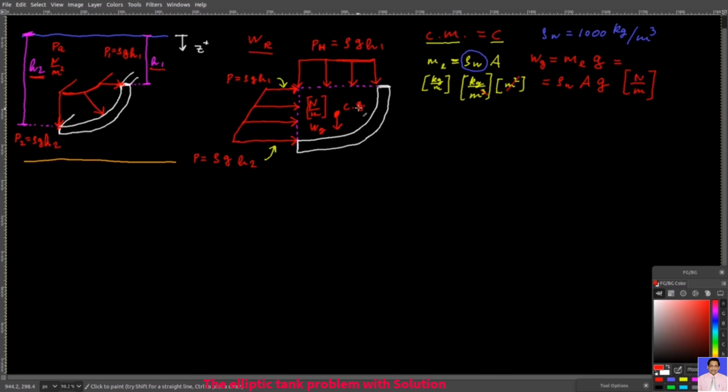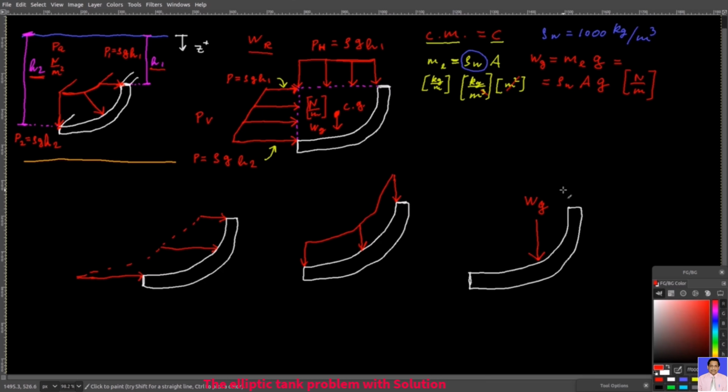this block of water that we have separated in our minds experiences three things. It experiences horizontal pressure, it also experiences vertical pressure, and this Wg. Since water, like other liquids, is nearly incompressible, due to Newton's third law, the plate itself experiences the same three components of pressure from water on the inner side of the plate.